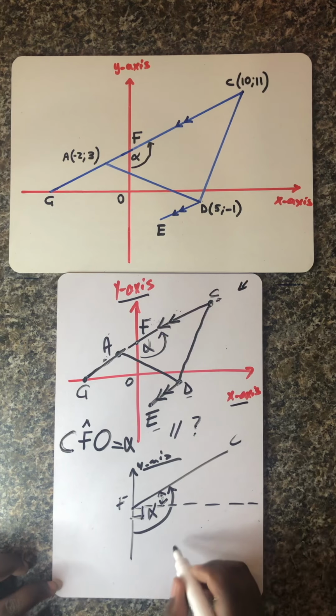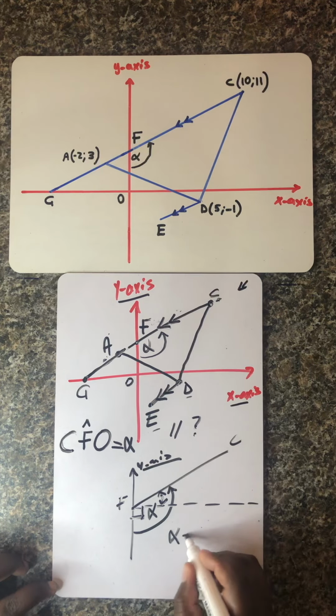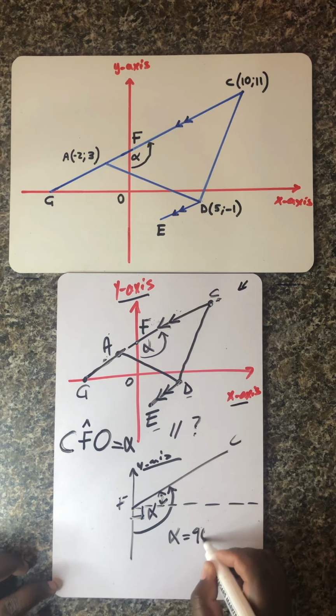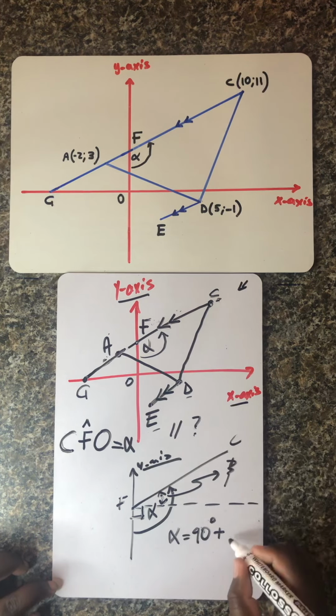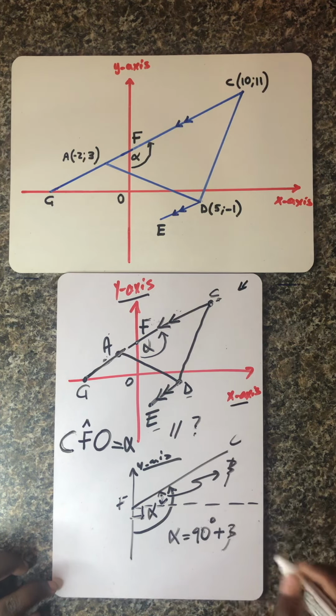So that means angle theta, ladies and gentlemen, should be 90 degrees plus, let's refer to that angle as, let's say, beta. Then plus angle beta.